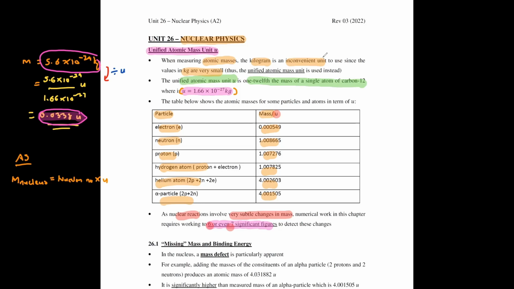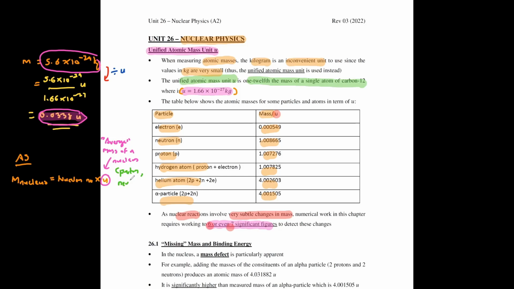So that time I mentioned to you that the U is actually the average mass of a nucleon, where in your case, a nucleon could either be a proton or a neutron, isn't it?